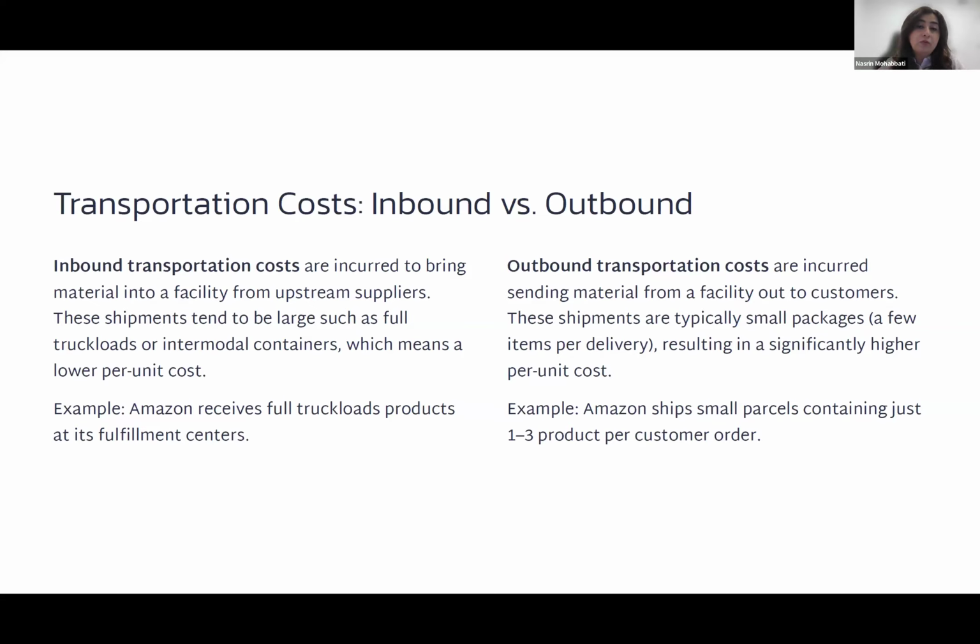We do also have outbound transportation, meaning that from the distribution or from the retail, we're going to ship to the customers, but it's going to be just a small proportion. So maybe only a couple of packages that go to a customer. And usually outbound transportation cost is higher than inbound transportation cost.